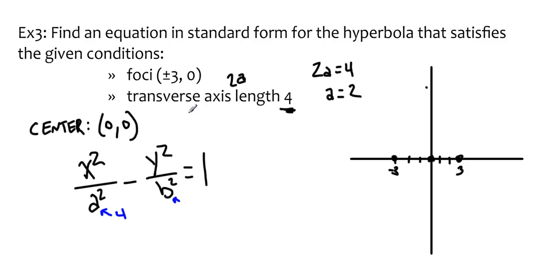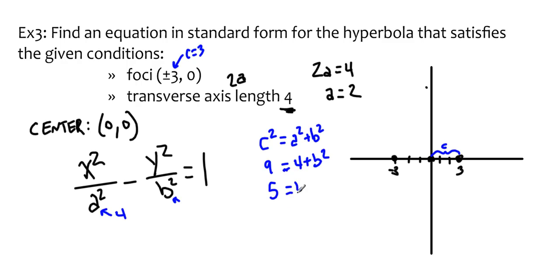If we know our a value, we know our c value, because the c value is the distance from the focus to the center. So let's use our Pythagorean theorem. C squared is a squared plus b squared, and plug in what we know. A is 2, 2 squared is 4, c is 3, 3 squared is 9, we want to find b. So b squared is 5. So that makes our b value root 5.